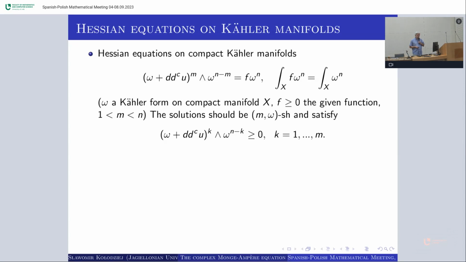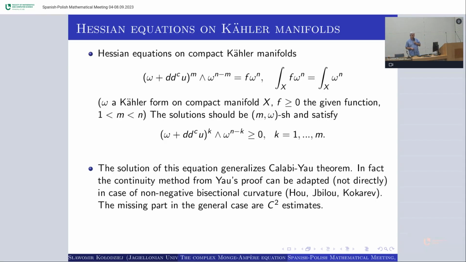And then we look for functions which are called m-omega-subharmonic, which this condition means that we have inequalities in the last line. And again, on this space of functions, the equation is elliptic. In case of m equal n, again, we obtain the Monge-Ampère equation, which is related to the Calabi conjecture, which was proven by Yau.